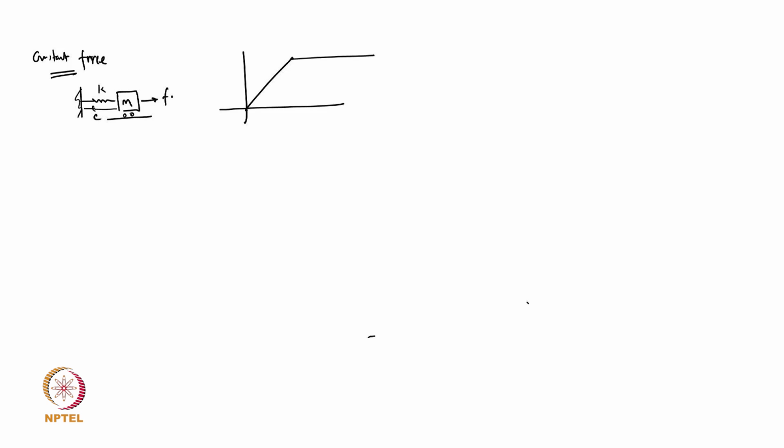What is the meaning of this? Suppose we have a system, and we apply some force on that and we keep applying the force, not increasing, just keep applying it. For example, in the gravitational field, gravitational force is there.